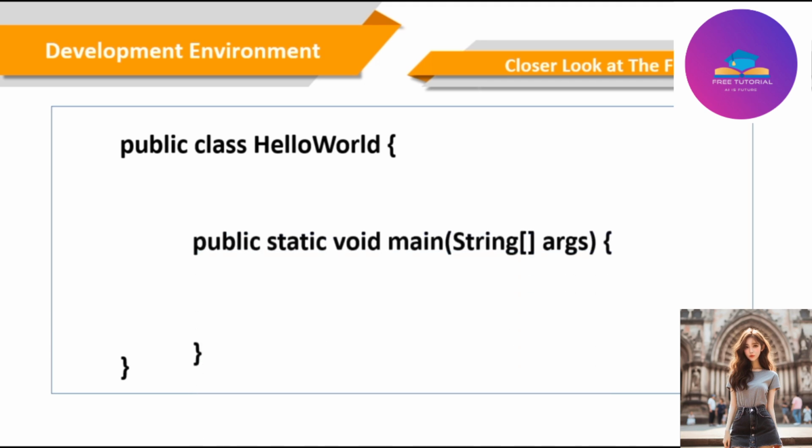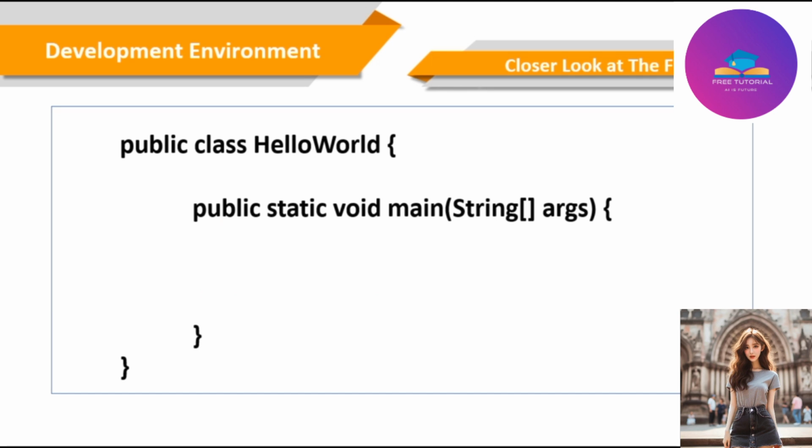public static void main(String[] args), or arguments. So this is our next line in the program. In the Java programming language, every application must contain a main method whose signature is, well, just like that. Also, we'll cover how to define a method in Java in the upcoming lectures.